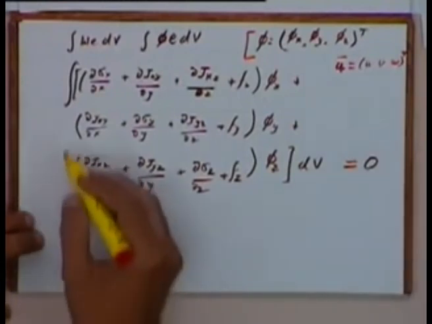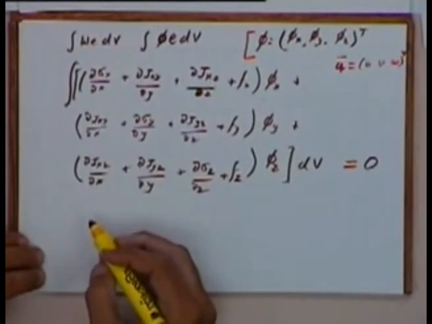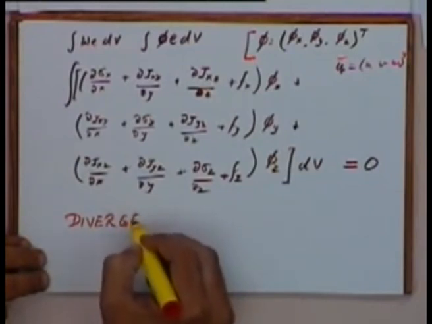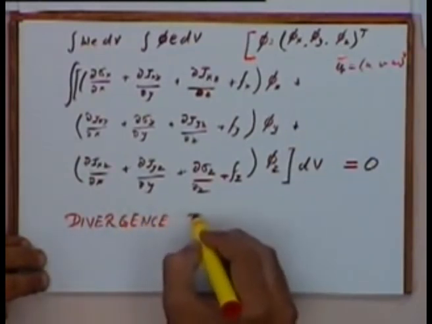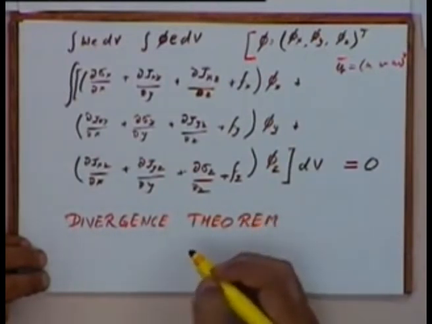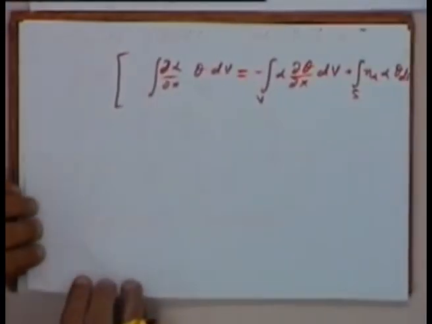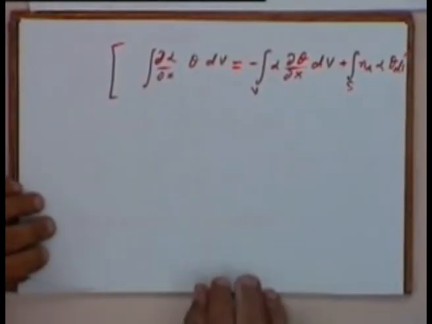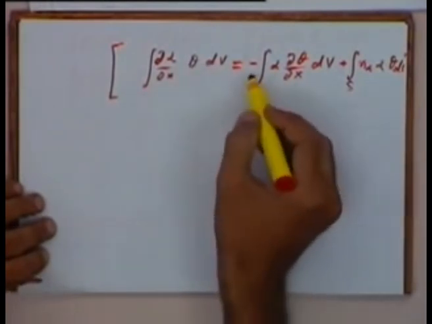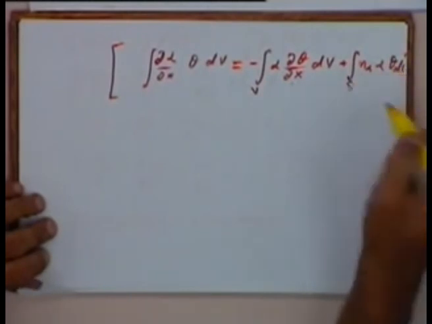In order to simplify this integral we will use the same formula that we had earlier, that is the divergence theorem, which is what I wrote down over here: the integral of del alpha by del x times theta dV will be equal to minus the integral of alpha del theta by del x dV plus the surface integral of n alpha theta dS.